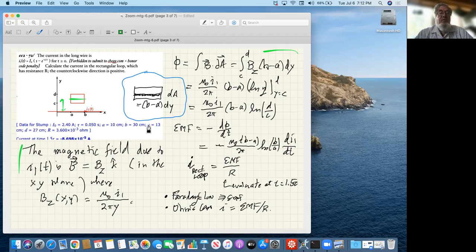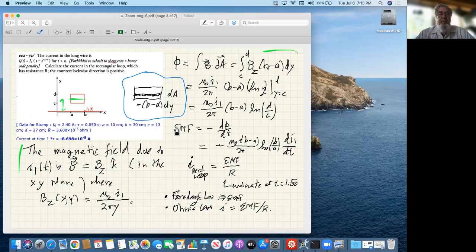This current is the current in the wire along the x-axis. Times B minus A, that's the length of the rectangle, times log of D minus log of C, or by high school algebra, remember that's the log of D divided by C. So that's the flux. And to do that calculation, you had to know the magnetic field produced by a current in a wire, the result from last week.